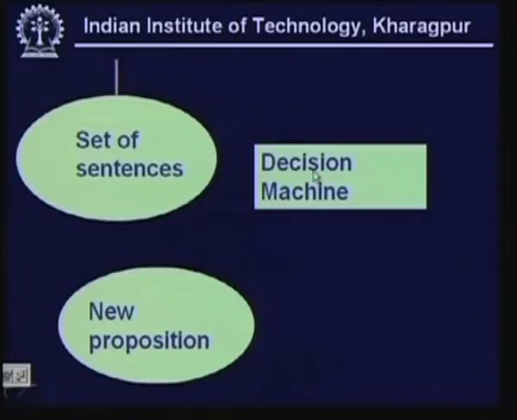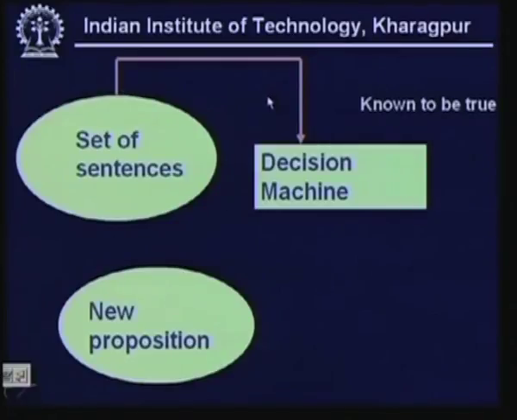The decision machine takes this set of sentences which are known to be true. Suppose I have told some geometry theorems to our machine. These theorems are already proved and known to be true, and I have a new theorem or a new problem that I want to prove.